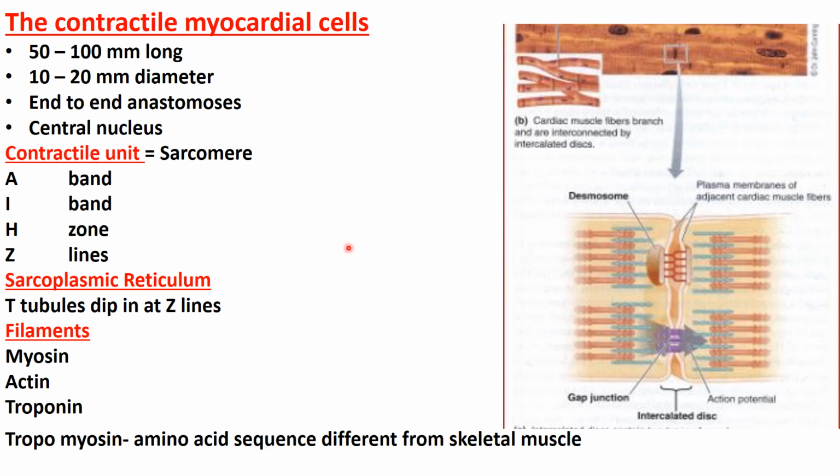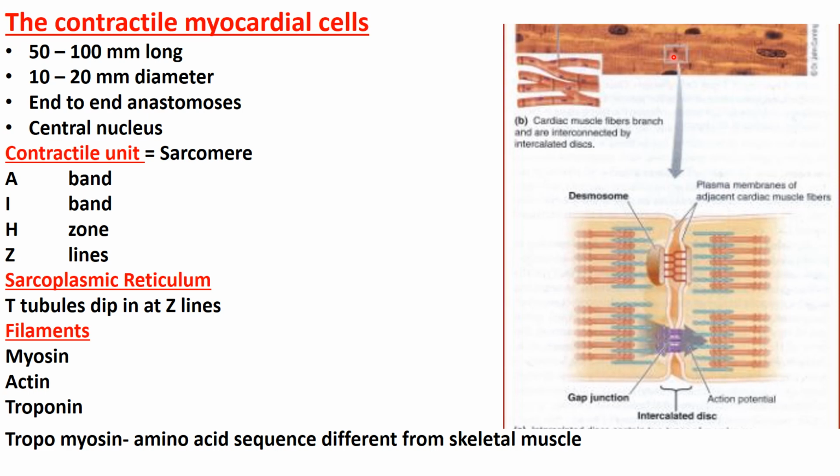As I said, this is a desmosome and this is a gap junction. Now, the single muscle fiber is 50 to 100 millimeter long and 10 to 20 millimeter in diameter. It has end-to-end anastomosis, as you see here and here.